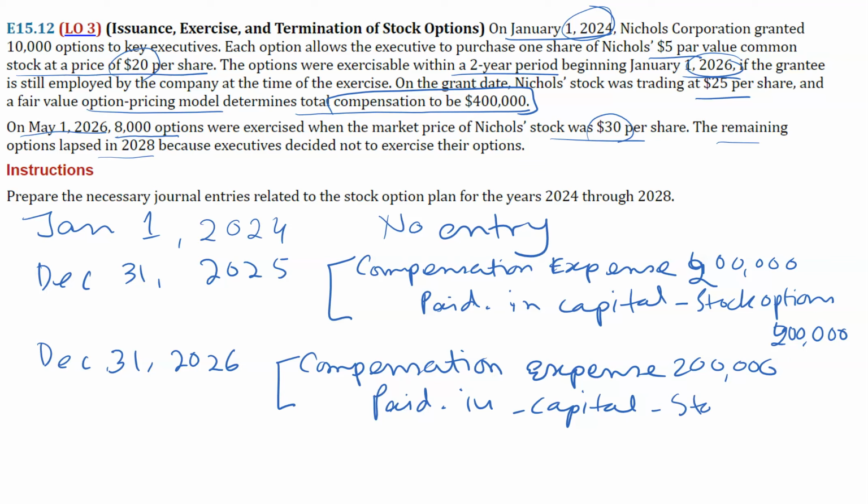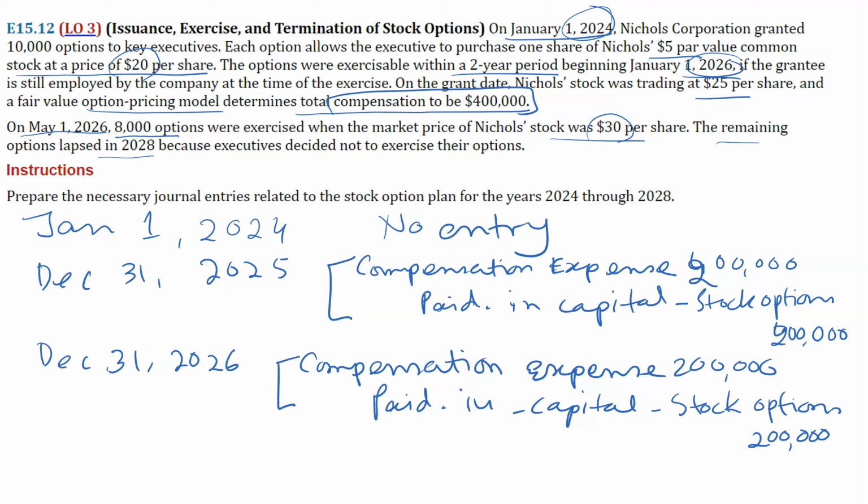You can also label it as for stock options, 200,000. Now look at that, at the end of 2 years, your paid in capital stock option amount will be 400,000. Now on May 1st, we have to record the option exercise.